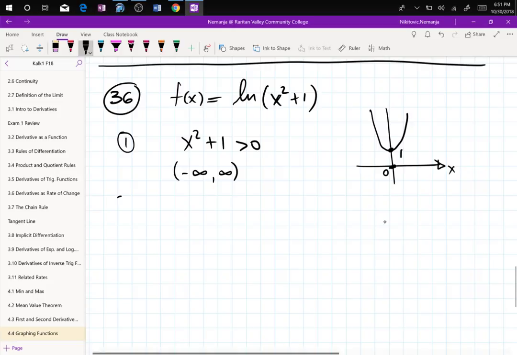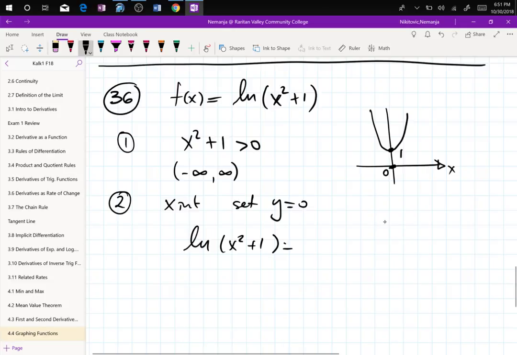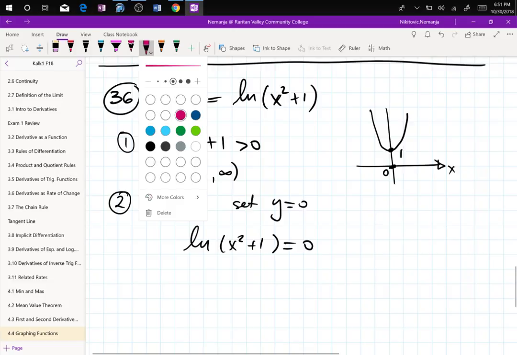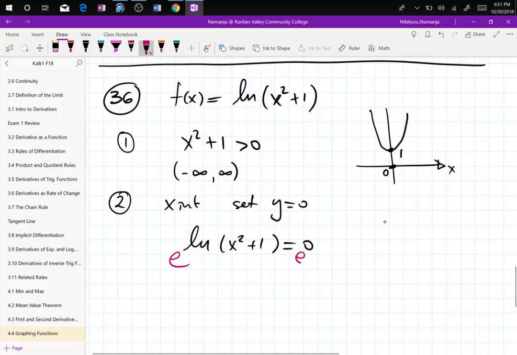Great. Number 2. X-intercept, set y equal to 0. So we are solving the equation ln of x squared plus 1 is equal to 0. From pre-calc 1 chapter 3, you know that you are supposed to e both sides.